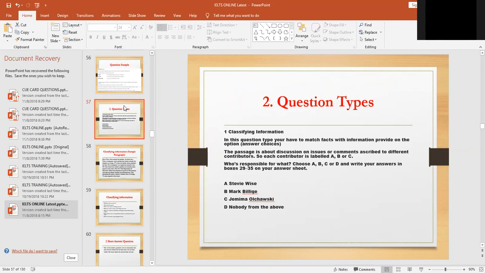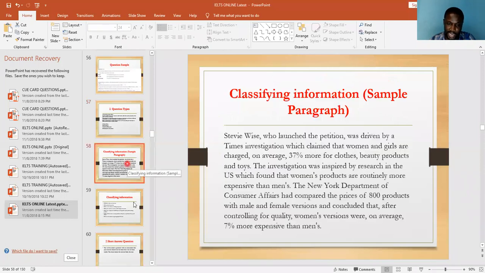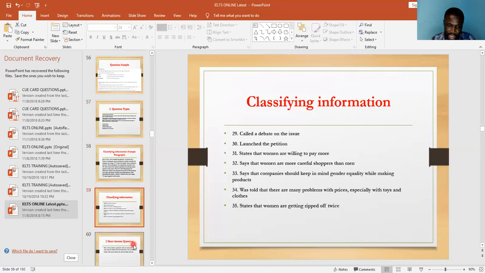And in the last lecture, I was able to go through some question types, like this one. Let me show my cursor. Classifying information. I explained what classifying information means and what the question looks like.